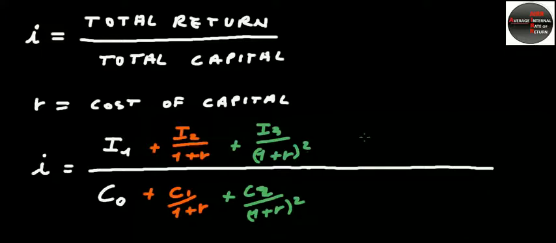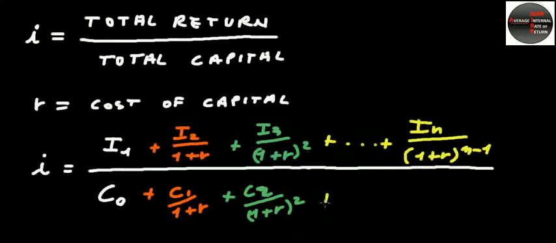In the last period we have the last income discounted by n minus 1 period, and we have the last capital which remains invested in the project at the beginning of the last period, which must be discounted at the cost of capital by n minus 1 period. This is the rate of return of the project.